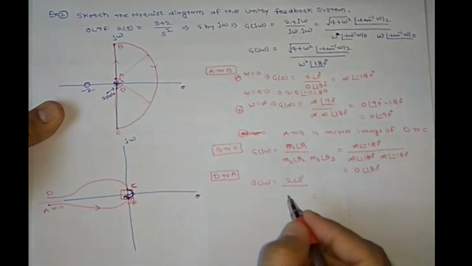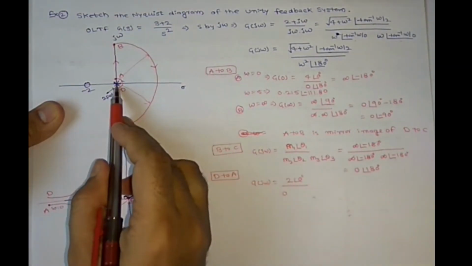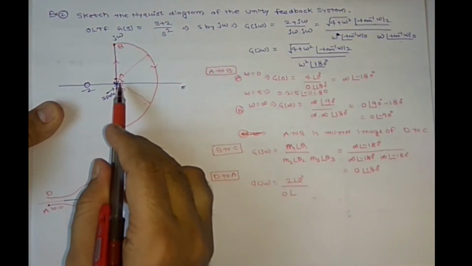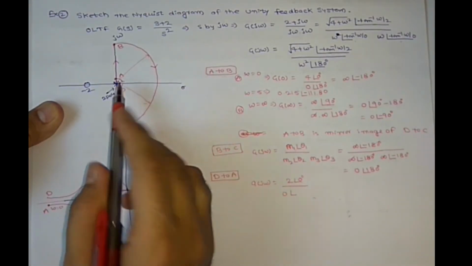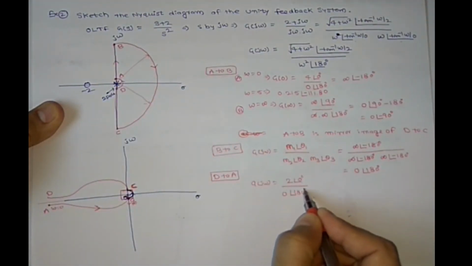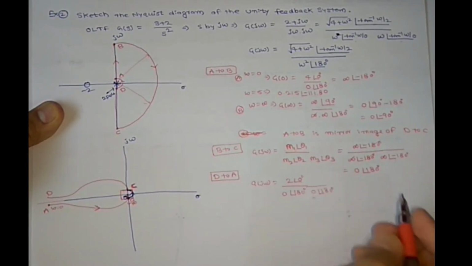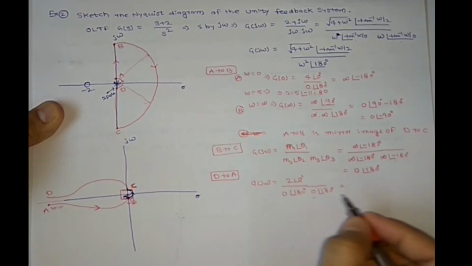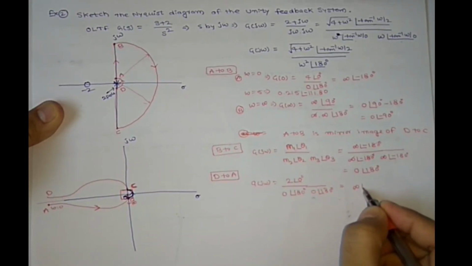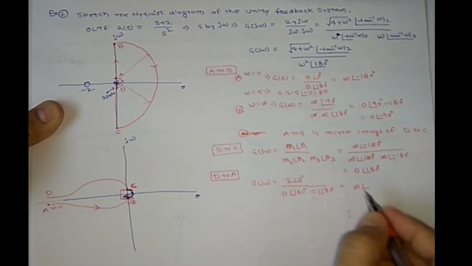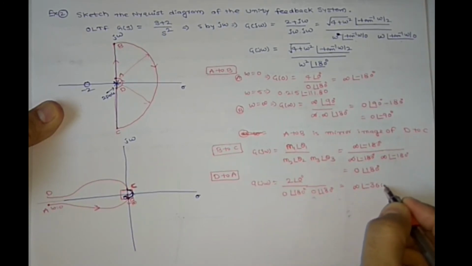And M2 is the 0 vector. And the angle is how much it is making? Anti-clockwise direction, right? So 180 degrees and 0, 180 degrees. Now 2 by 0 is infinity, and this is 180, 180, 360, if we come up, minus 360 degrees, right?